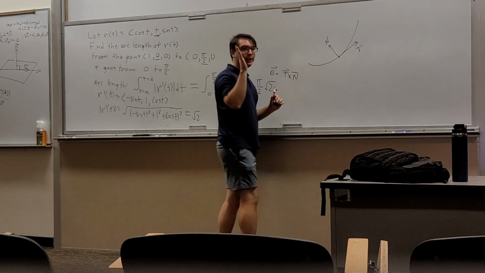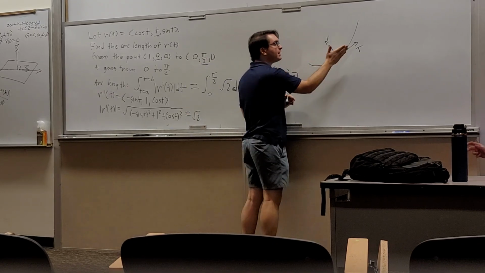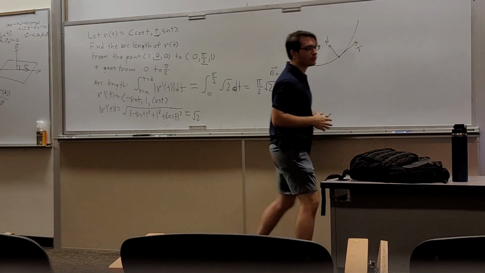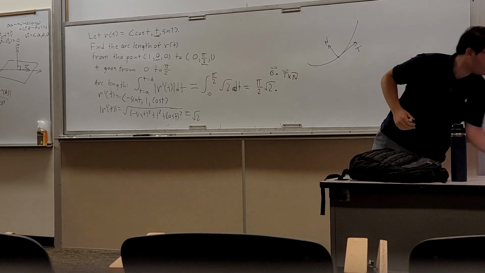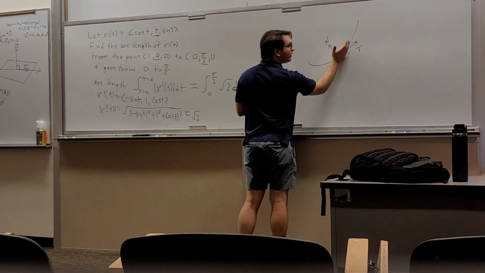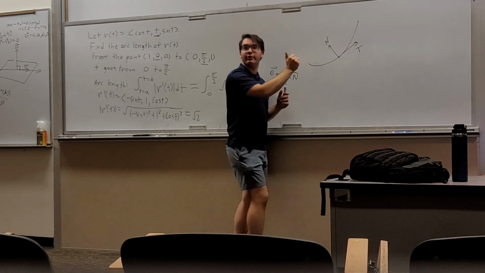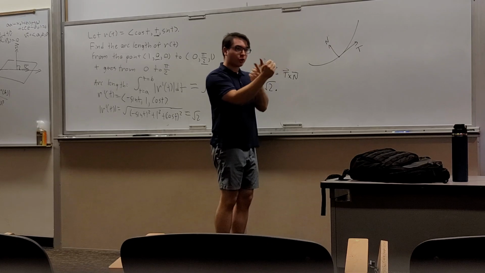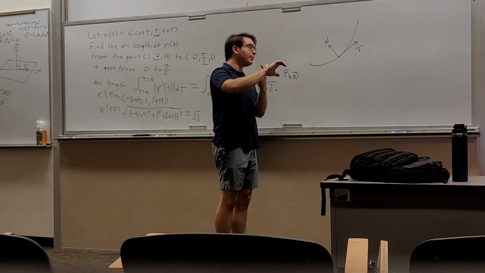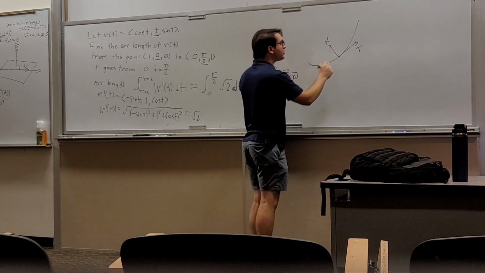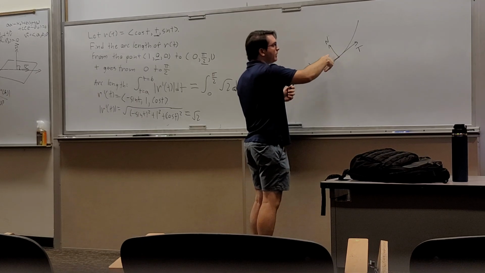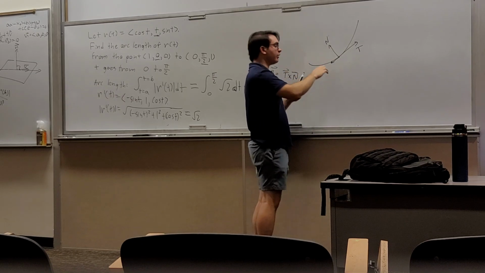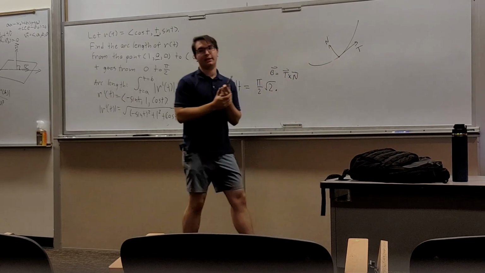So you point your four fingers in the direction of T, then start curling your fingers towards N. If your thumb is pointed outwards, then the resultant B vector will be outwards. If my T was this way and I crossed up towards N, it would be into the page. So it depends on where my T and where my N is.